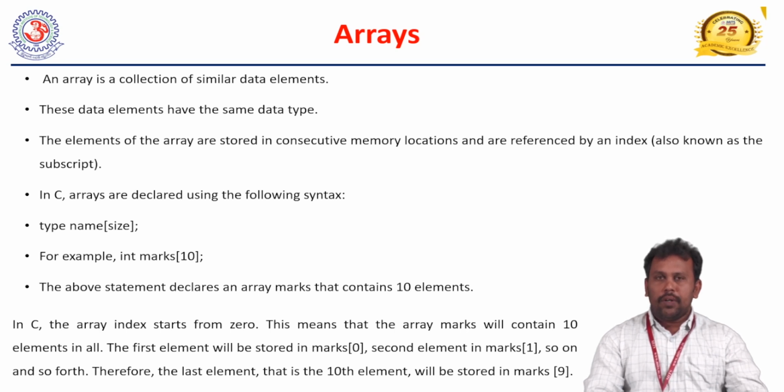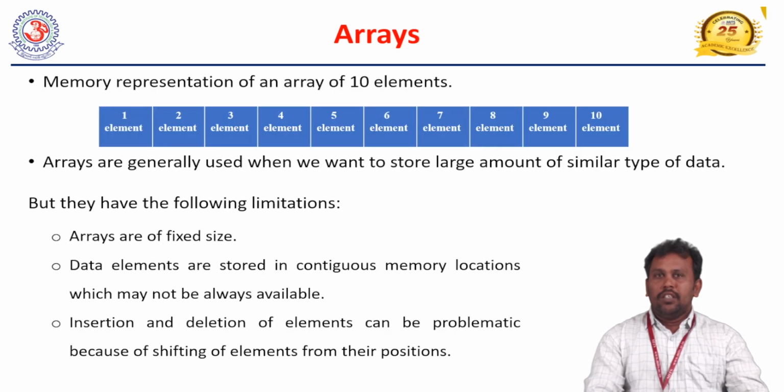The above statement declares an array of marks that contains 10 elements. The array index starts from 0, so the first element is marks[0], the second element is marks[1], and so on. The last will be marks[9].